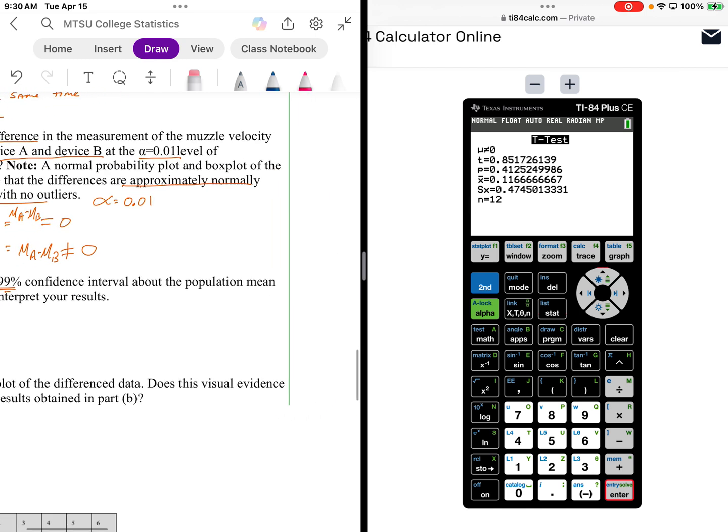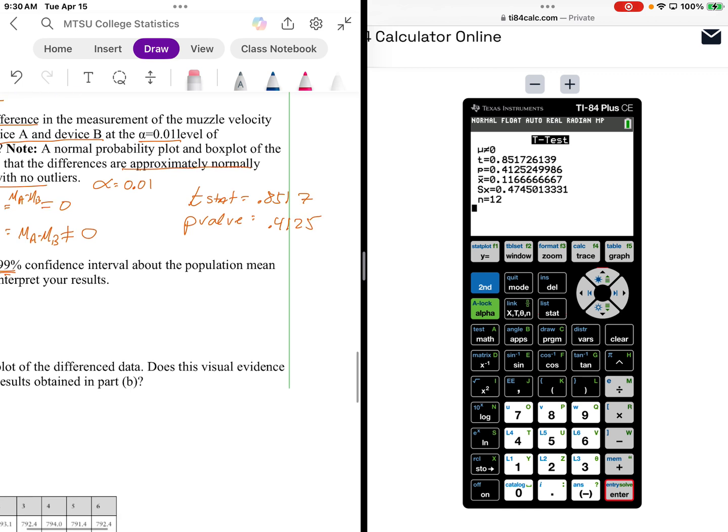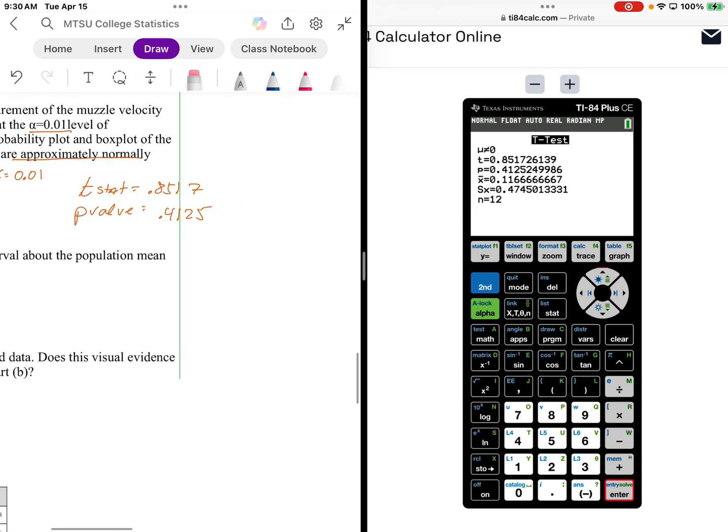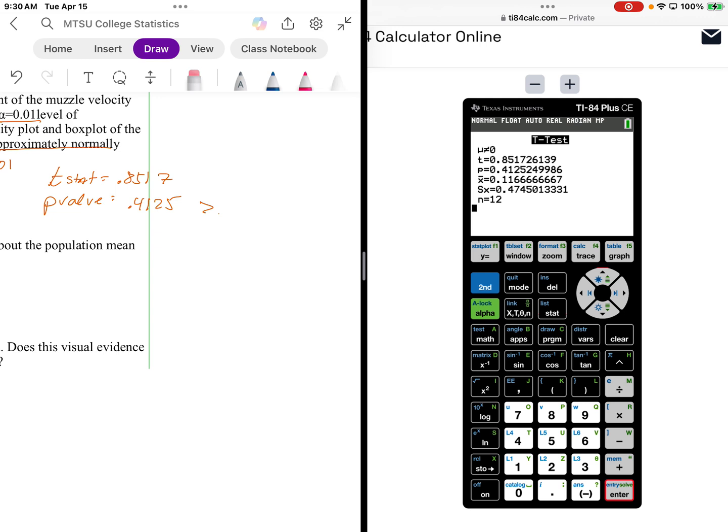So our t statistic, again, was 0.8517, and our p-value is 0.4125. Well, that blew 0.01 out of the water. That's greater than 0.01.